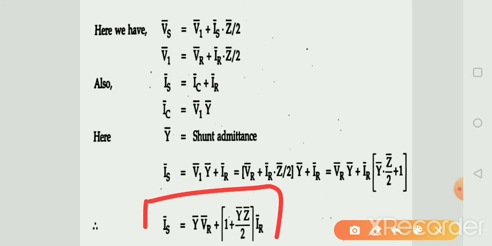So now if we compare with the ABCD parameters, we get the values of C and D. Okay, so by comparing with the standard equation, we get the value of C is Y, and the value of D is 1 plus YZ over 2.